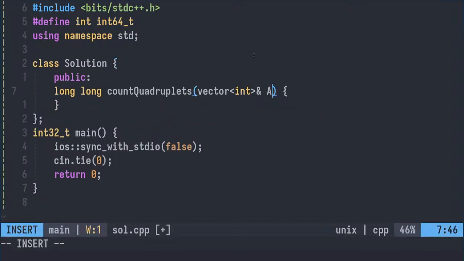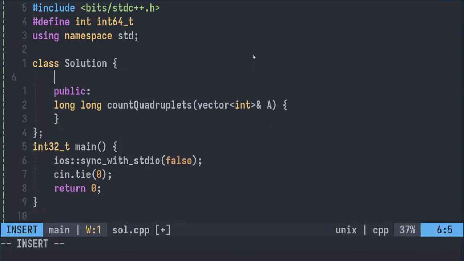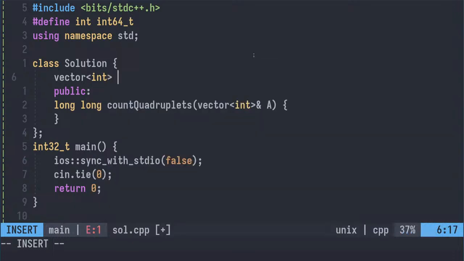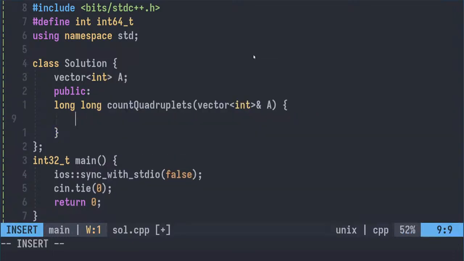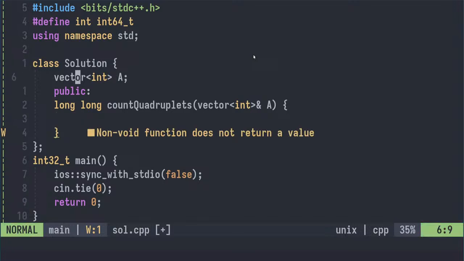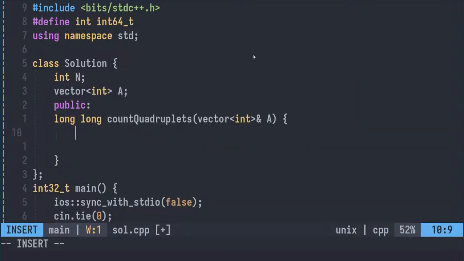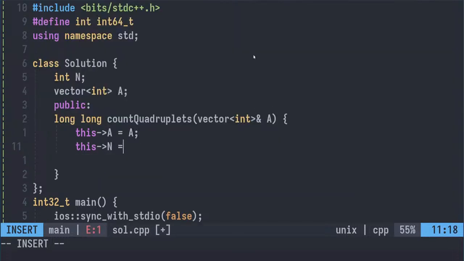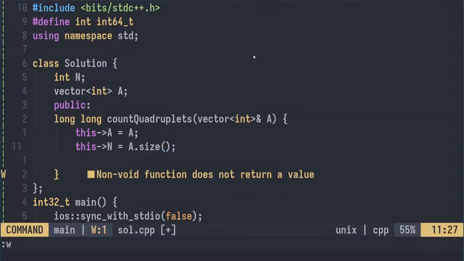Let's rename nums to a. Since we are going to write a recursive solution, we need to keep this as a private variable. I like to keep it in that manner, so that this of a is a, this of n is a dot size. Done.